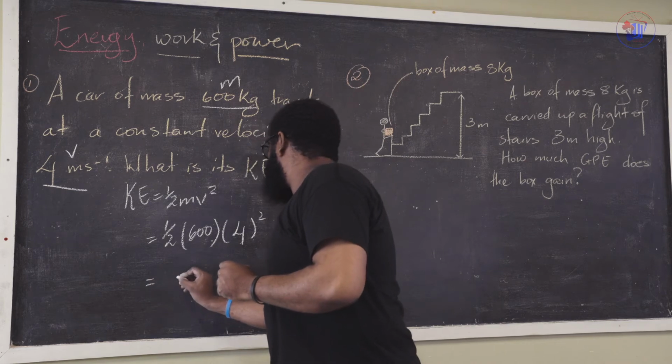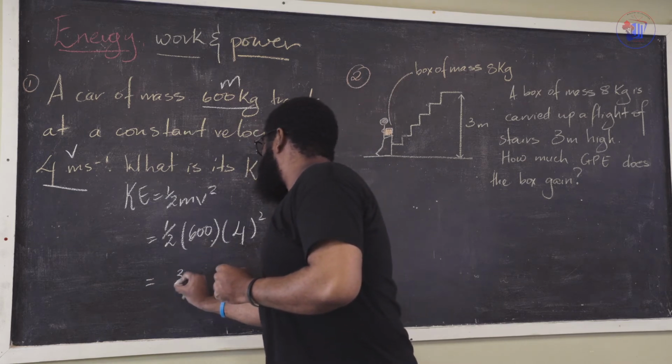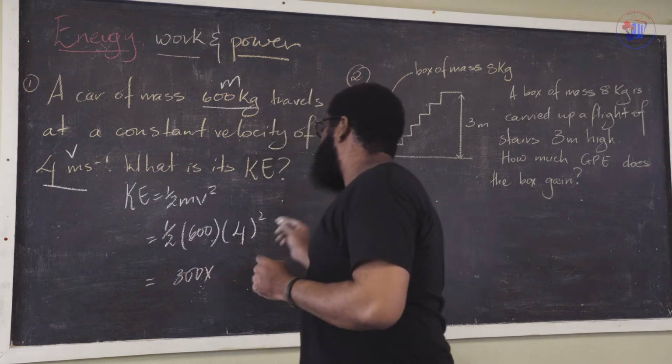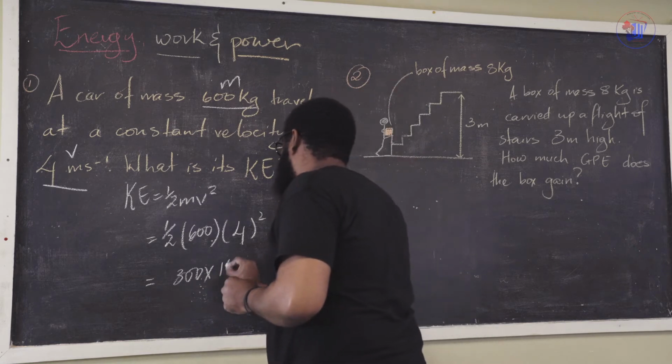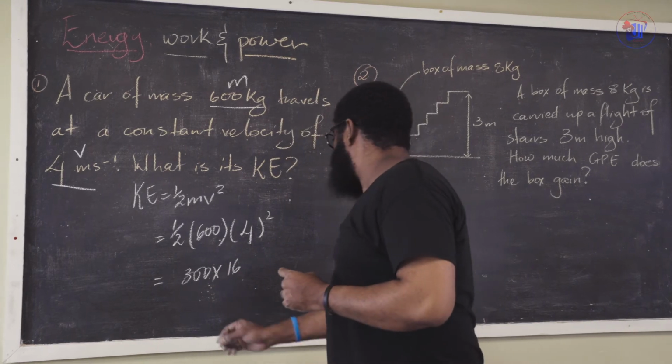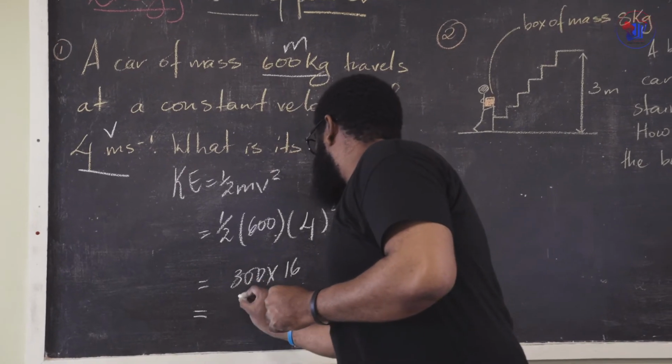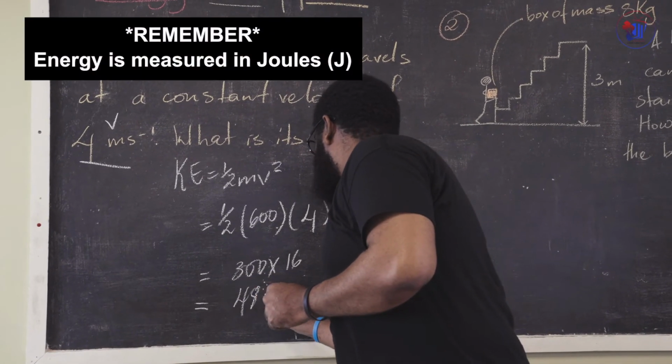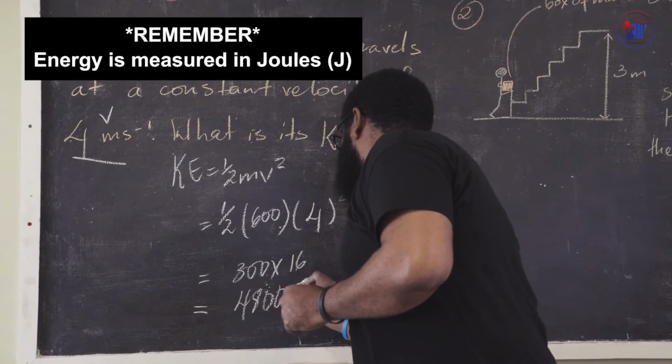This is equal to half of 600, which is 300, by 4 squared. 4 4s are 16, and this is 4,800 joules.